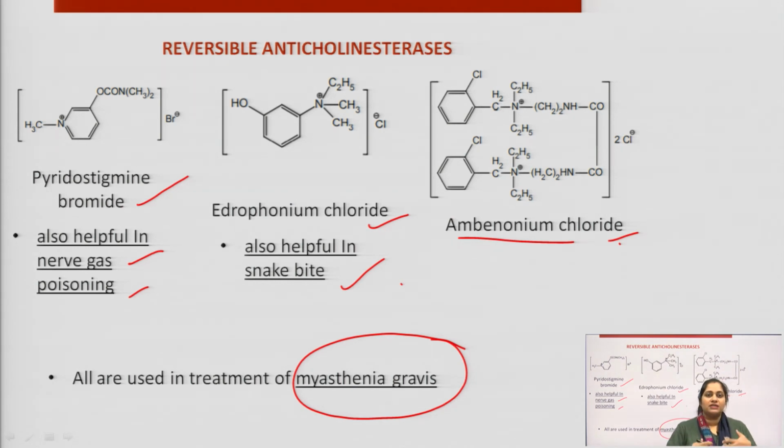These muscles have been relaxed and there is no movement, so to improve the movement, we need to contract these muscles, and that will happen through the nicotinic receptors. So, all the reversible anticholinesterase drugs are used in the treatment of myasthenia gravis.